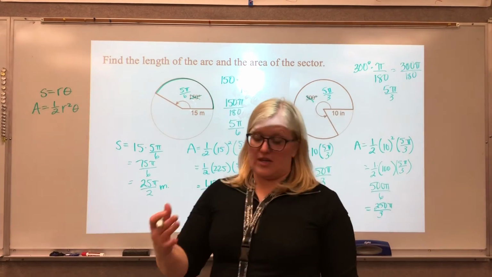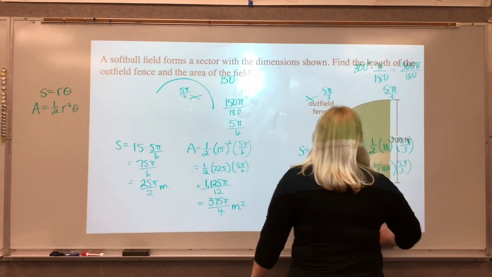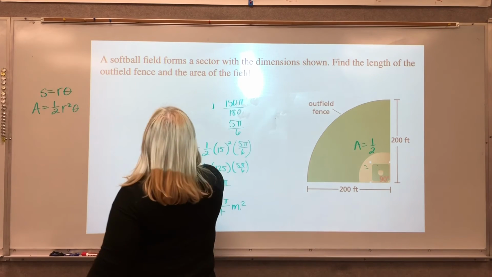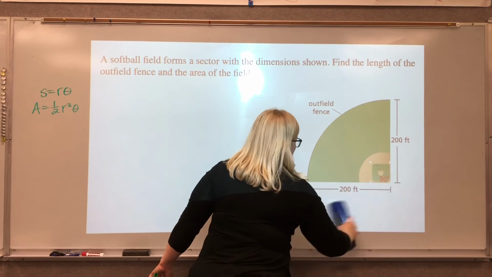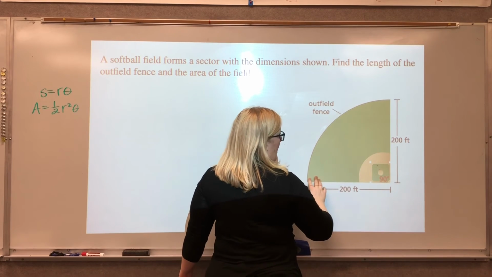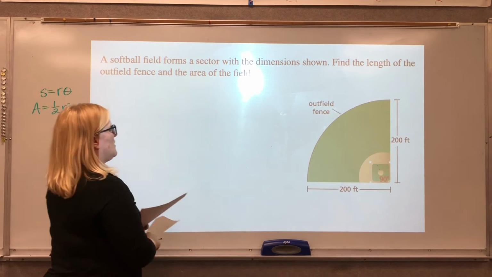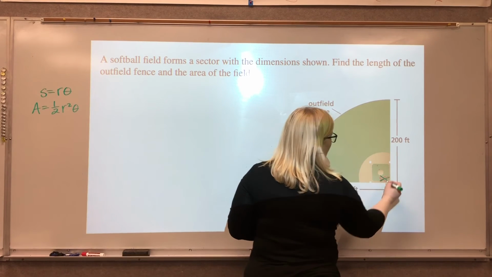Now for a story problem, this is fairly simple. We're talking about a softball field, and we want to know the length of a fence that would go around the outside of the outer field, and also the area of this whole field. We have 90 degrees, and we need to put that into radians.